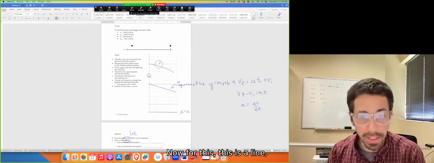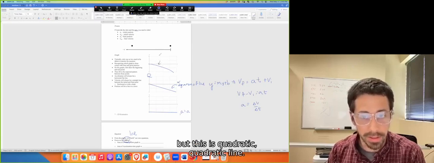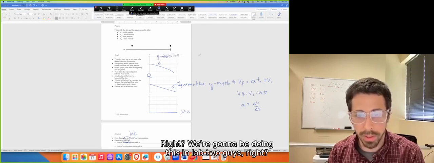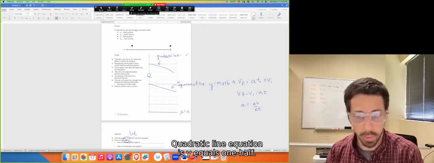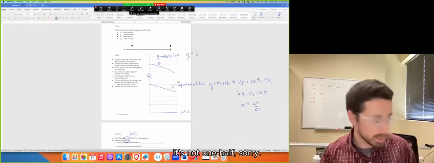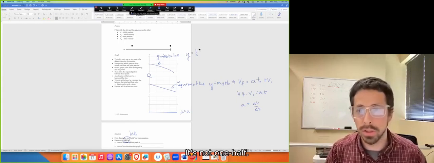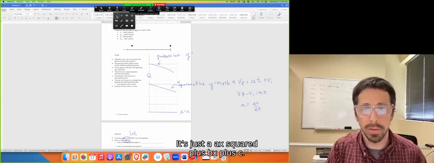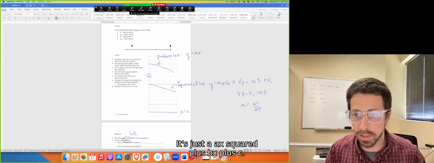Now this one is a line, but this is quadratic. It's a quadratic line. We're going to be doing this in lab 2, guys. The quadratic equation is y equals ax squared plus bx plus c.